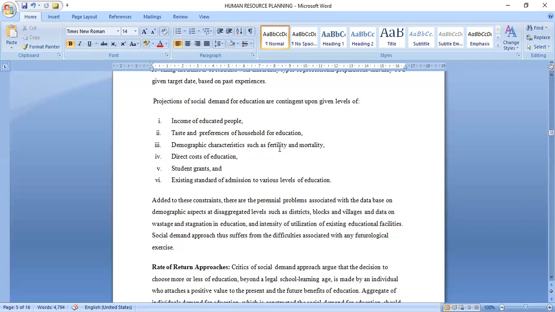It is the poor that give birth to very many children, and the enrollment for education is low. So that one will have a negative impact in terms of these societies having high levels of fertility.